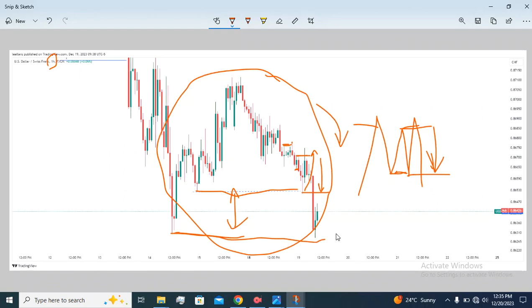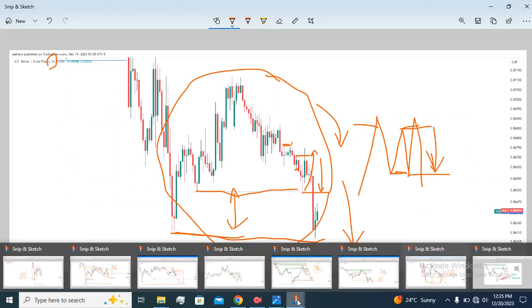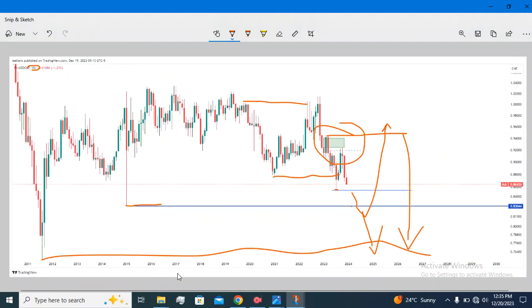It has been taken, and our draw of liquidity, we're expecting the market to take the low that we just indicated here. We're expecting this guy to be taken and potentially taking this lower low before we think of any other thing to do on USDCHF.